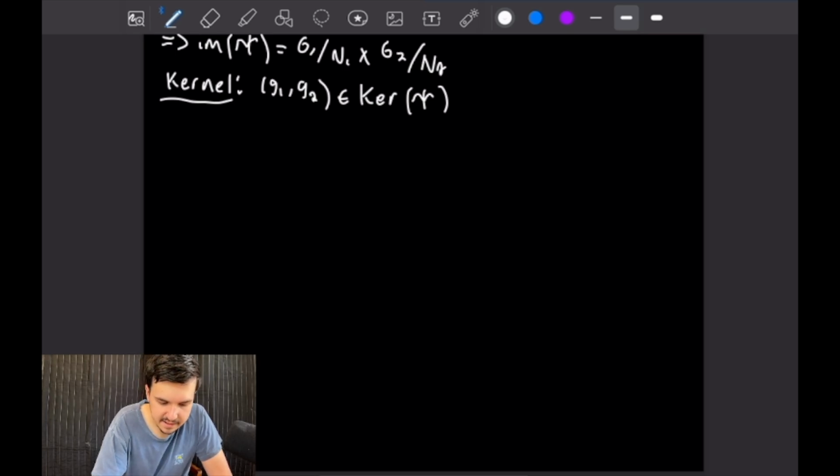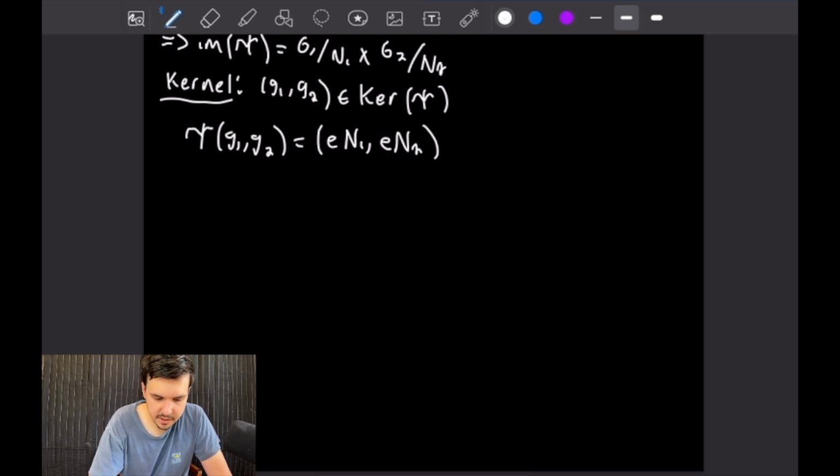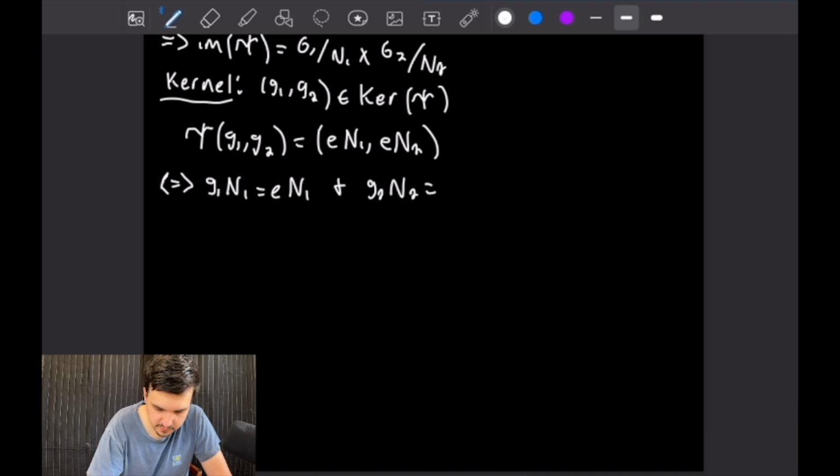That means that if we apply psi to this element, g1, g2, it will be mapped to the identity in our codomain, which in this case is equal to the identity element times N1 and the identity element times N2. Great. But using our definition of psi, this is true if and only if g1 times N1 is equal to the identity times N1, and in parallel, g2 times N2 must be equal to the identity times N2.